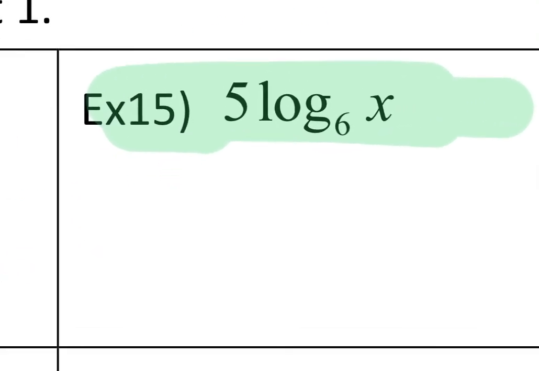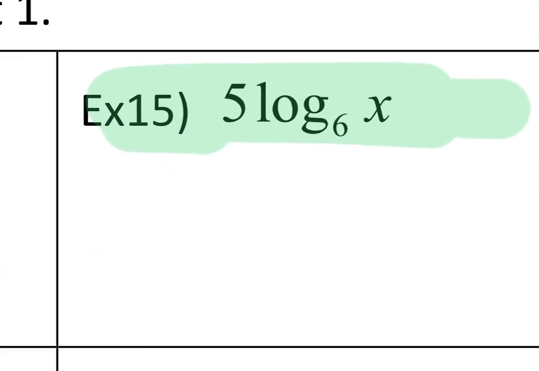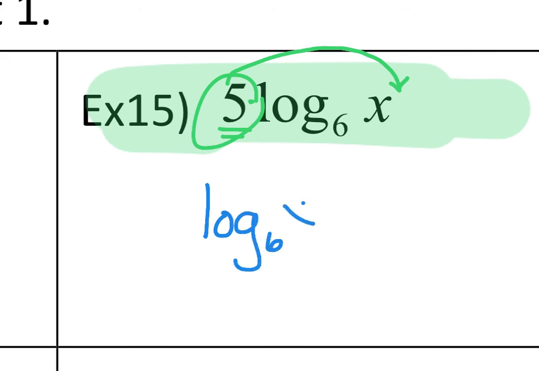Next, if you have a coefficient, so you've got a number multiplied by the logarithm, you're going to pull that number away from being a coefficient and make it an exponent. So this is going to be log base 6 of x to the 5th power.